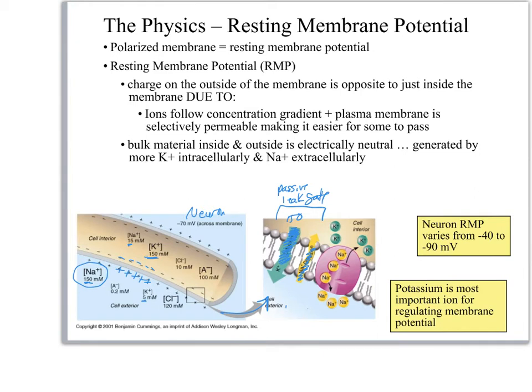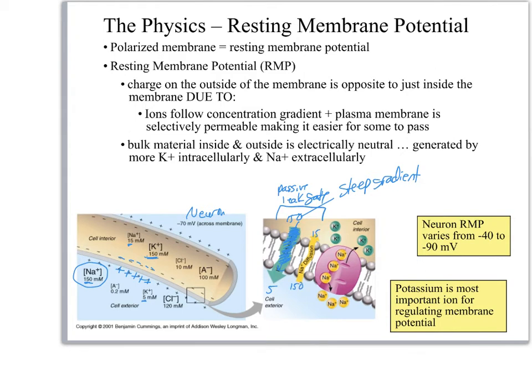So actually, let me write this differently. So I've got, all right, which means I've got a really steep gradient. It's going to flow faster because the gradient is more intense. Whereas over here with sodium, I have 150 here, and I've got 15 here.